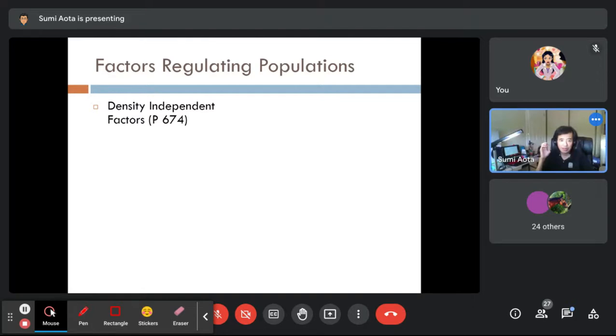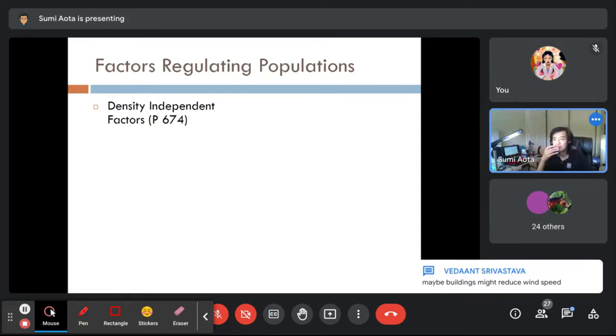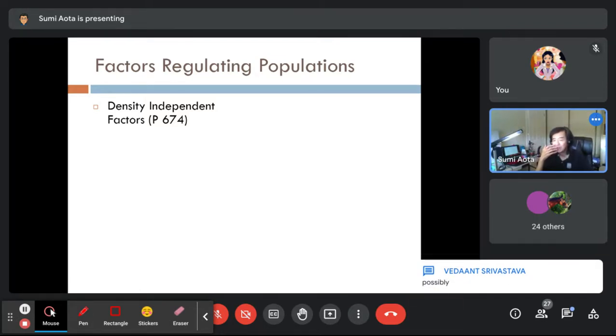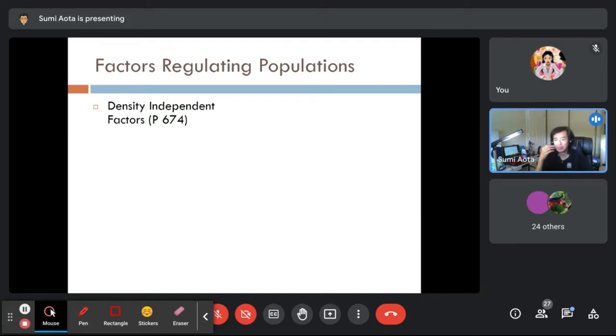Will the intensity of the storm change depending on the size of the population? In other words, is a category 5 storm wind speed going to go down because it's coming into a village instead of coming into a metropolis? No, the buildings aren't going to reduce the speed.